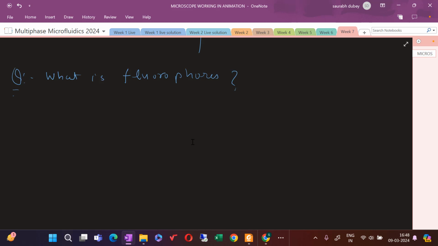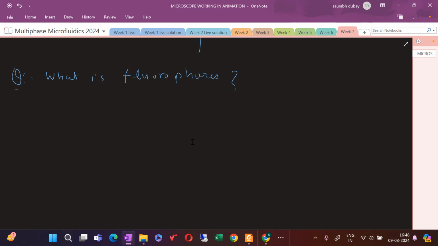In short, I can answer that fluorophores emit light of a longer wavelength when light is incident on them, and this light is collected and goes to the detector, which may be a camera, using a dichroic mirror and an emission filter. The illumination light used to illuminate is separated from the fluorescent light.